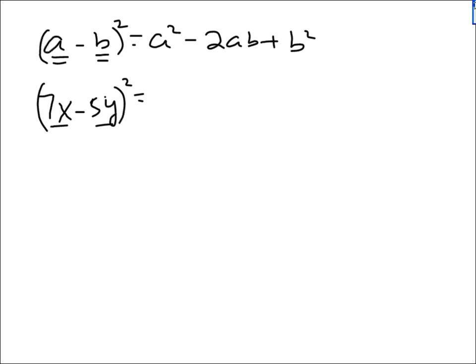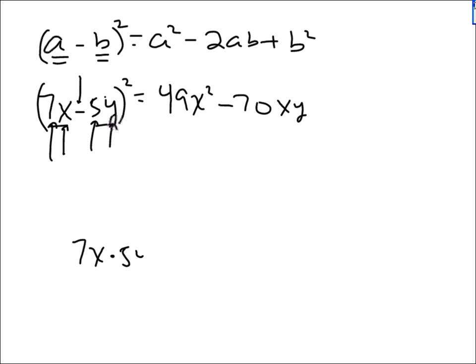The first squared, 7 squared times x squared, minus, because it's minus, 7 times 5 is 35 times 2 is 70 times x times y. That is, you multiply the 7x by the 5y and then multiply that answer by 2, or any order you want. 7x is like the a in the formula above, the 5y is like the b, and here's the 2. 2ab. The order you multiply is up to you.